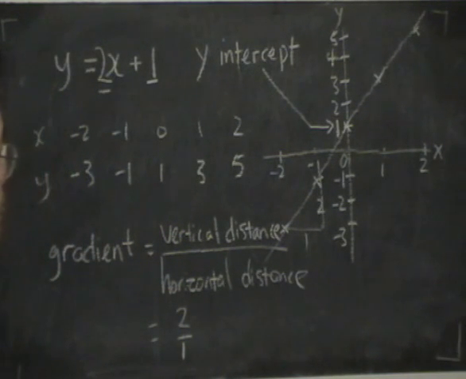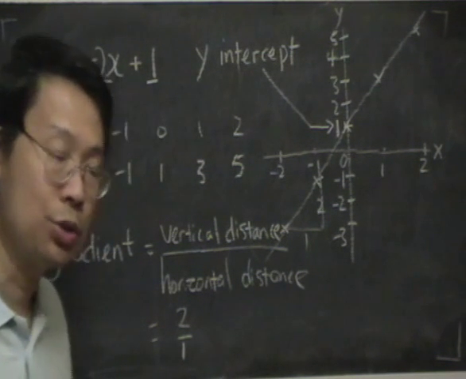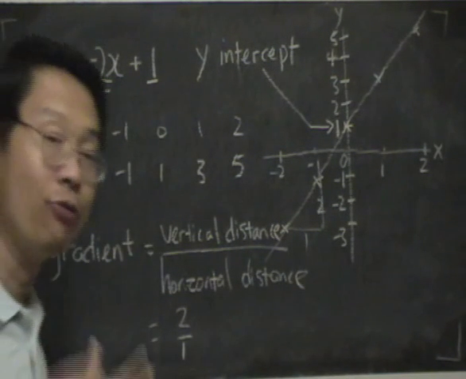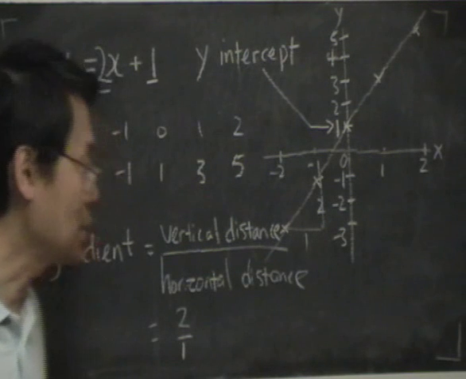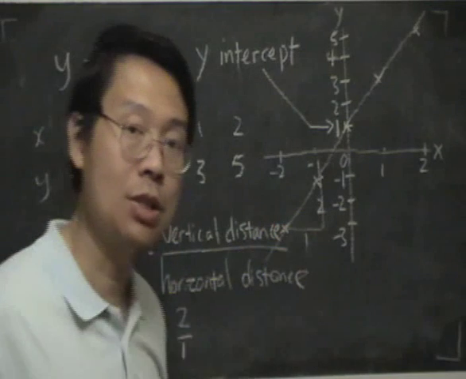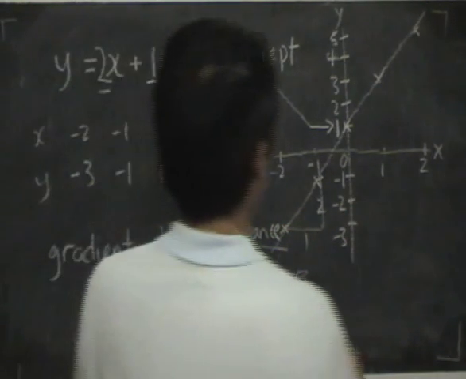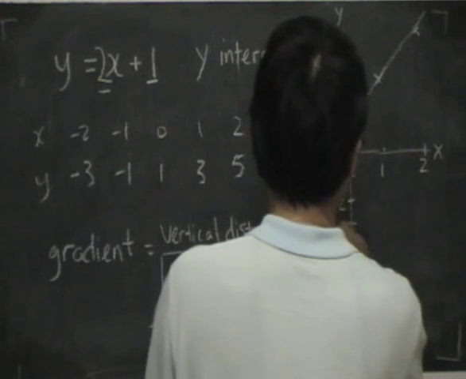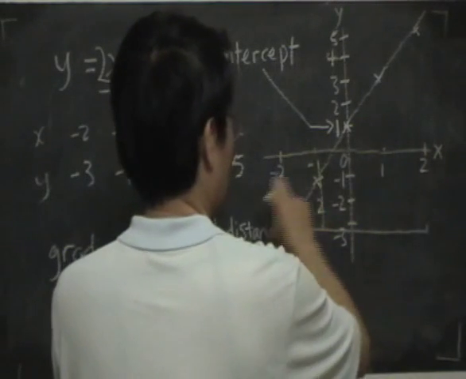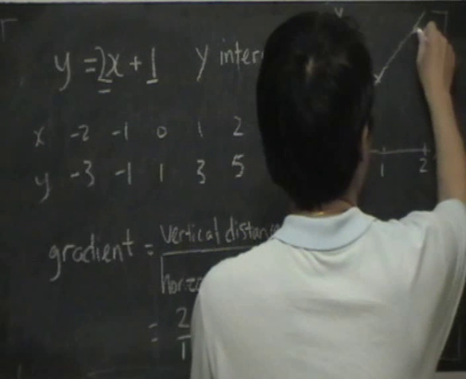Now, there is a question here to think about. The formula just says vertical divided by horizontal distance. So do I have to take the horizontal distance as 1? Can I take a different horizontal distance like that? Can I take this horizontal distance all the way to here? Horizontal distance of 4. And then take this as the vertical distance.